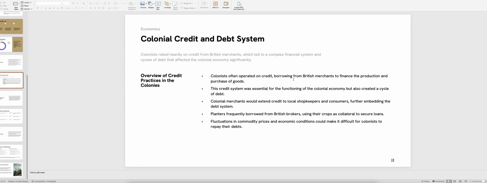And as the economy matures, certainly by the early to mid 1700s, we're using more gold and silver, and most notably, using more paper currency.